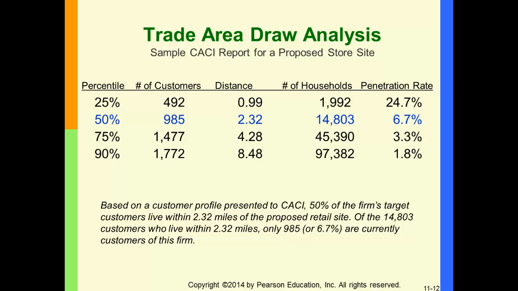Of the 1,400 plus households that live within that 2.32 miles, only 955, or really 6.7%, are customers of that store. Depending on the type of store, this appears to be a low penetration area. For households within a mile of the store, the penetration rate is about 24.7%. This level of information provides decision makers the data they need to act and move forward.